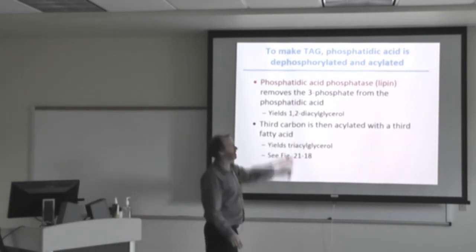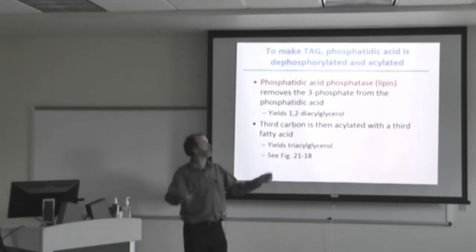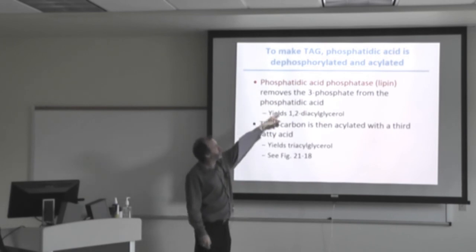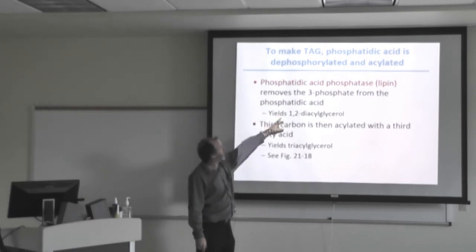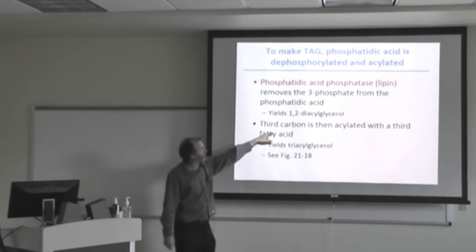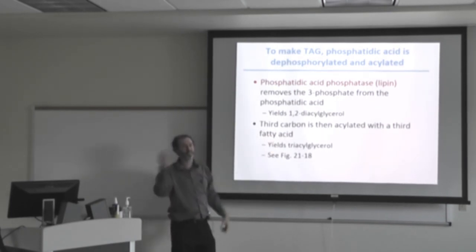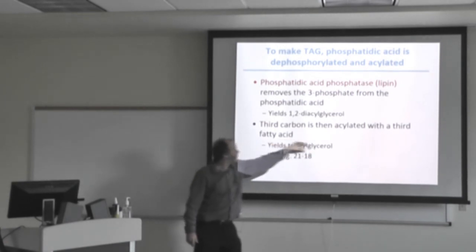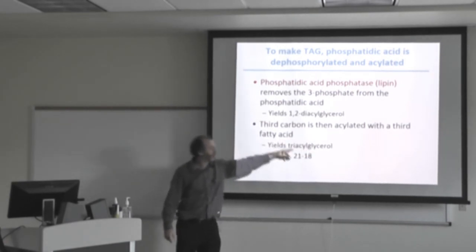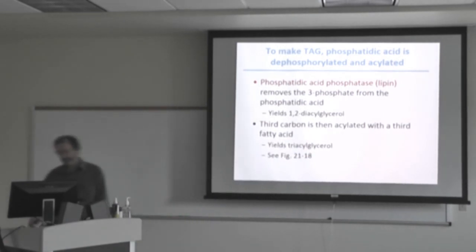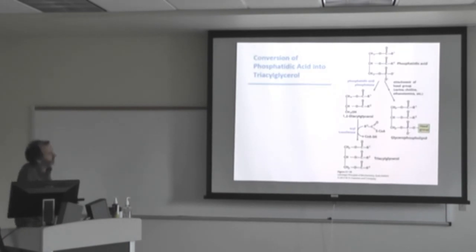Phosphatidic acid phosphatase removes the phosphate group from the glycerol. Removes the 3-phosphate from the phosphatidic acid, yields 1,2-diacylglycerol. The third carbon is then acylated. I keep wanting to say acetylated. Acylated with the third fatty acid, and it yields a triacylglycerol. That's what we see here.